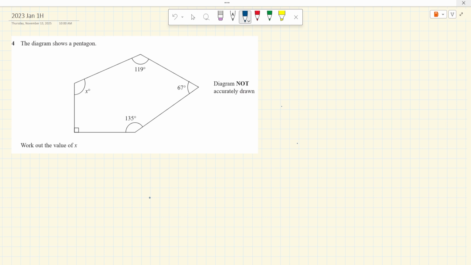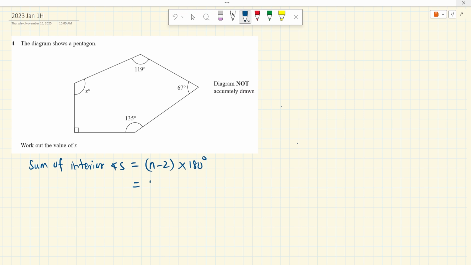Question number 4. The diagram shows a pentagon. Work out the value of x. So we need to find the sum of interior angles. Sum of interior angles equals n minus 2 times 180.